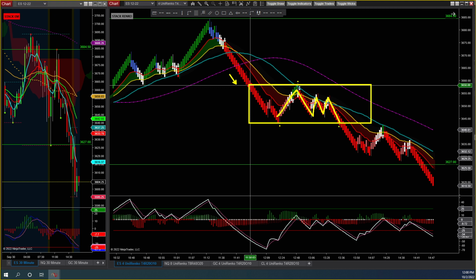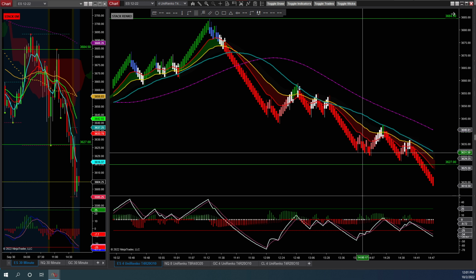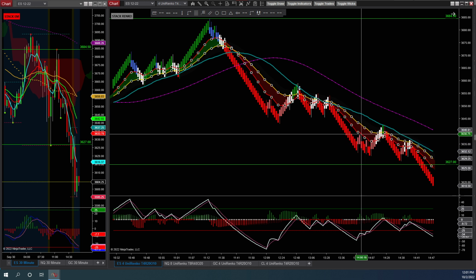So this one was a good entry. It's a different setup though. But then you have this one here coming back down, 18 EMA.